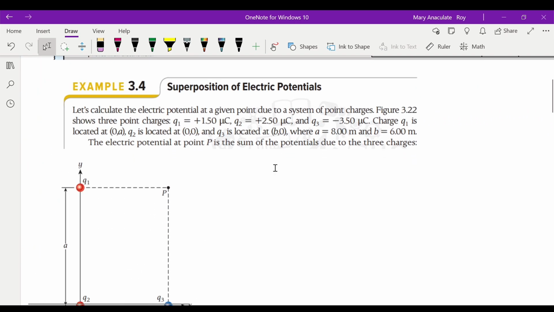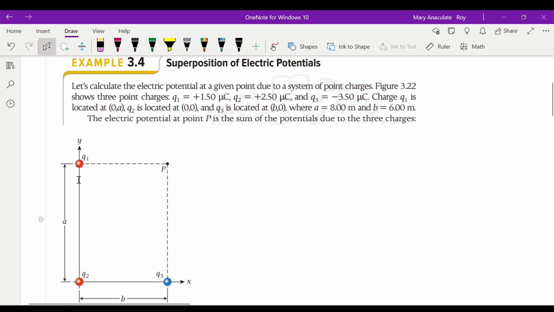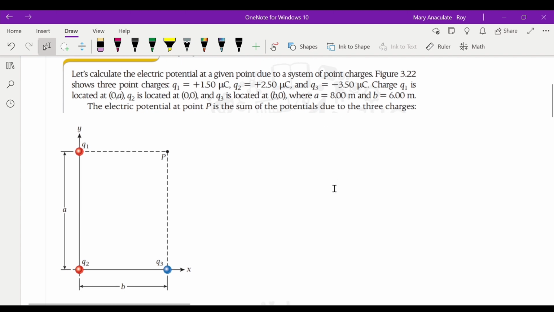Now to the first question, which is example 3.4. You have 3 charges placed at three corners of a rectangle, and you are asked to find the electric potential at a point P, and the distances are given in terms of the coordinates 0, a, and then b, 0, etc., where a is 8 and b is 6. This shouldn't be confusing. If it's 0, a, then x is 0 and y is a.